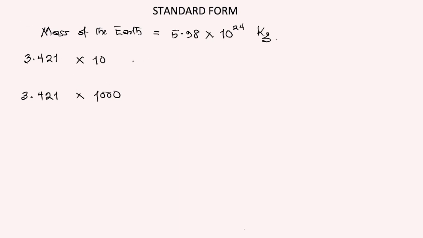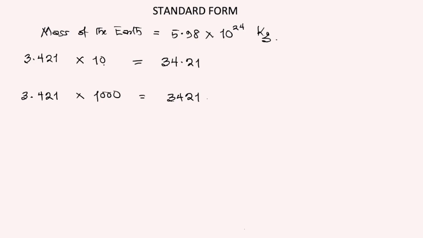So if we compute this using our calculator, we would find that the result we will get is 34.21. And the result for this is going to be equal to 3,421. Now in these cases, you will notice that the decimal points have moved to the right. The number remains unchanged. But by how much did they move?